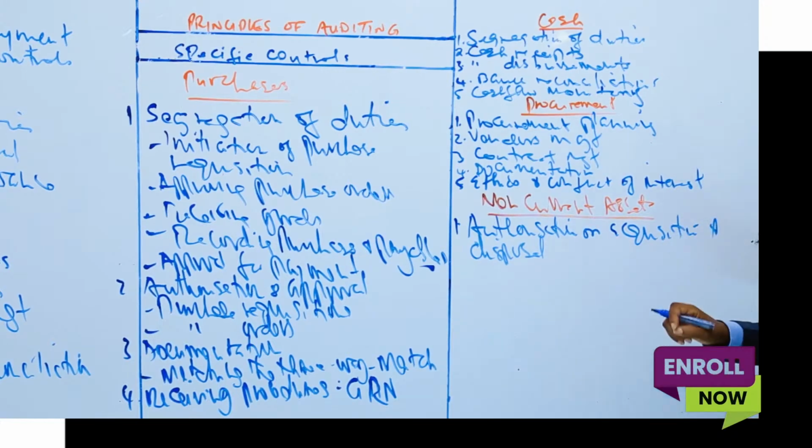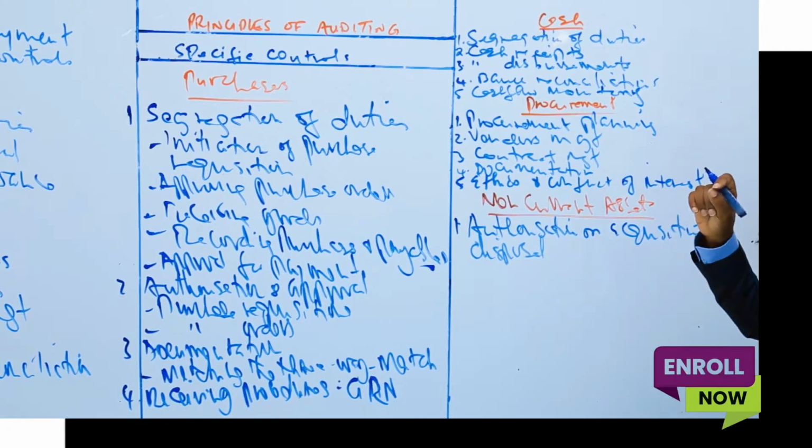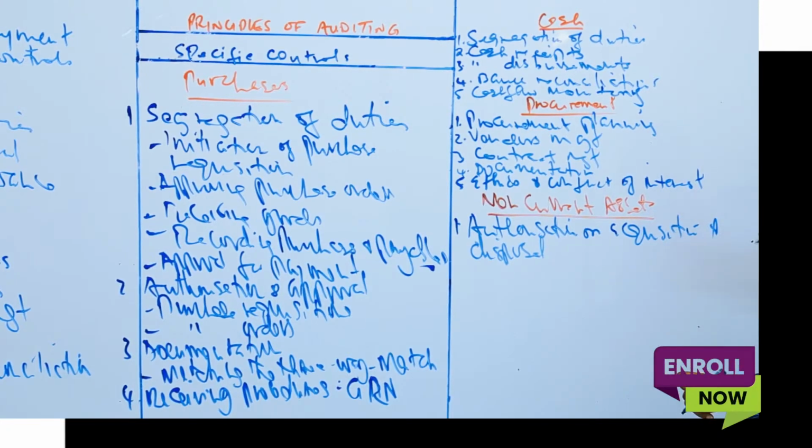There ought to be formal authorization required for all capital expenditures, often based on budget limits and approval. Another control here is having clear policies and procedures for the disposal of non-current assets, including proper authorization and documentation.